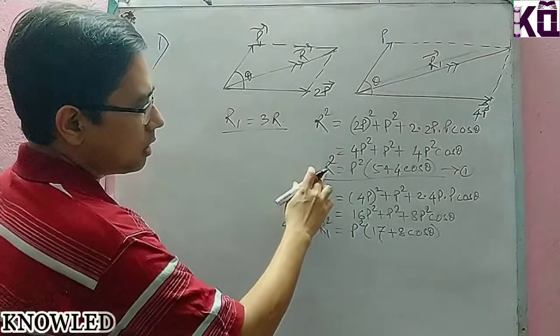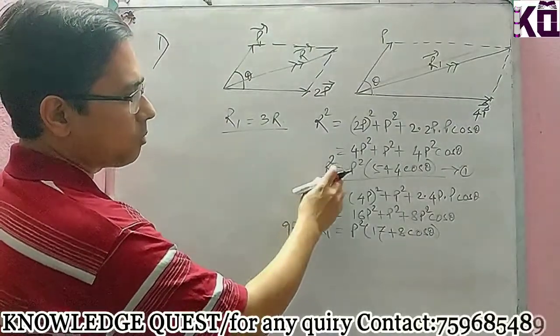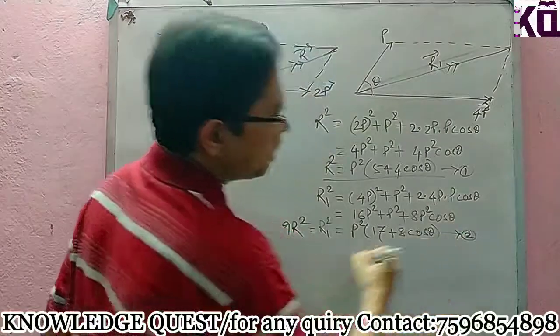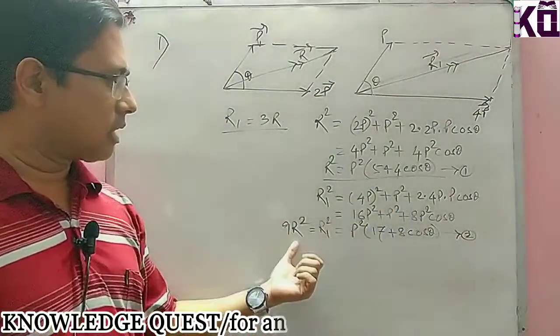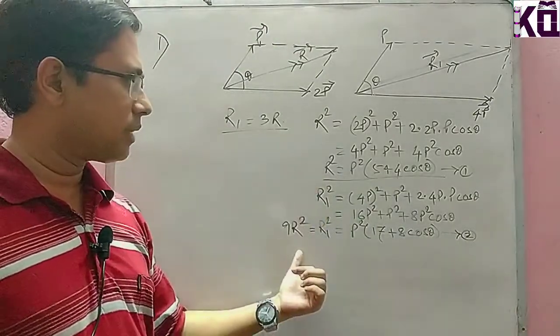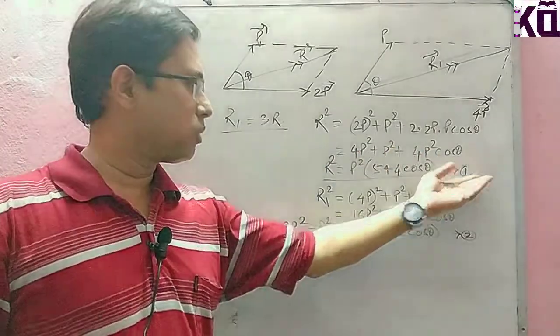Now we can replace the value of this R square from equation number 1 into equation number 2. In equation 2, R square is there, so we substitute the expression of R square from number 1.